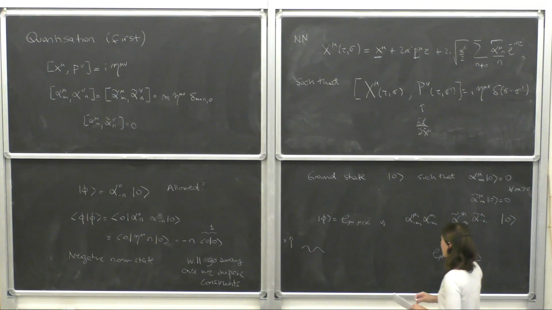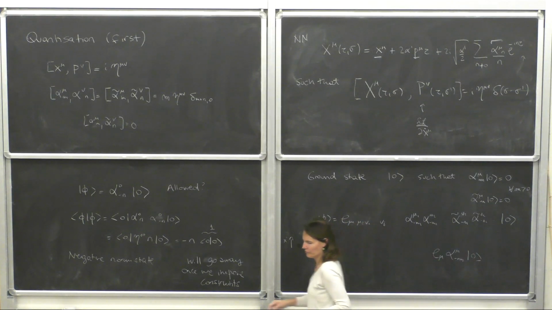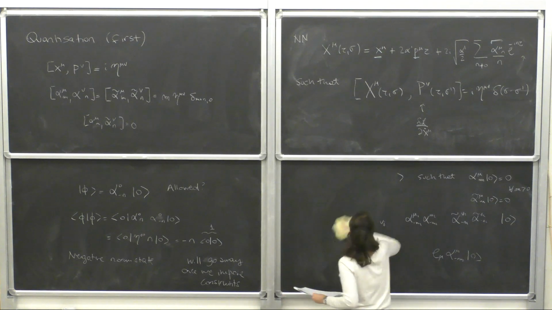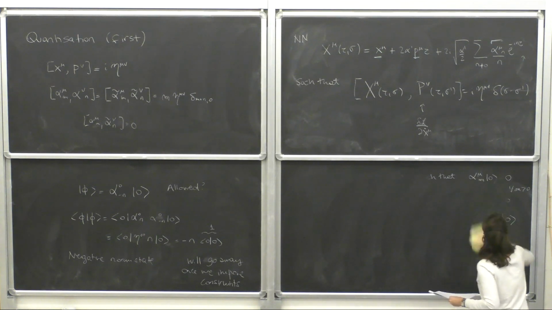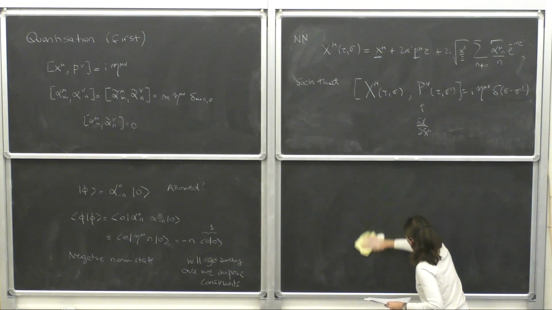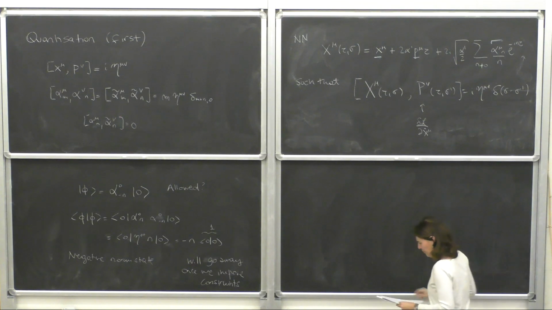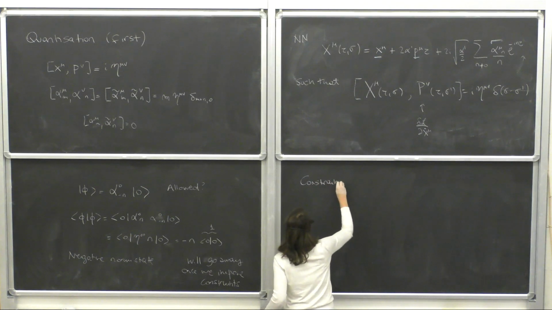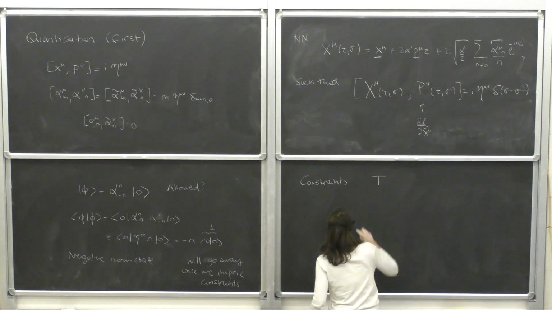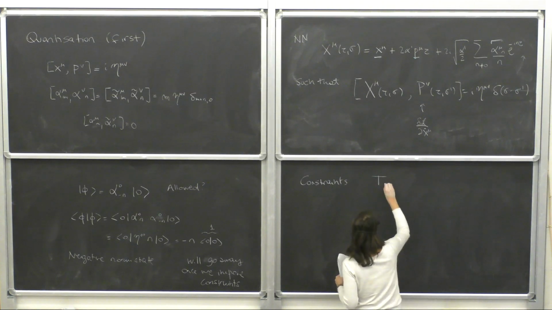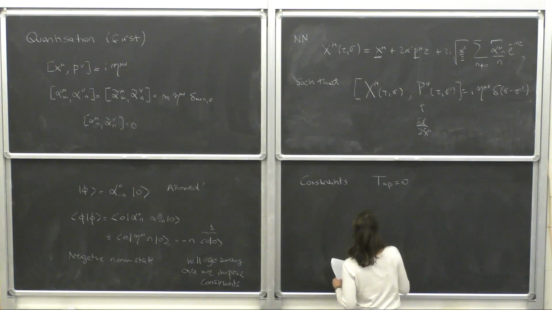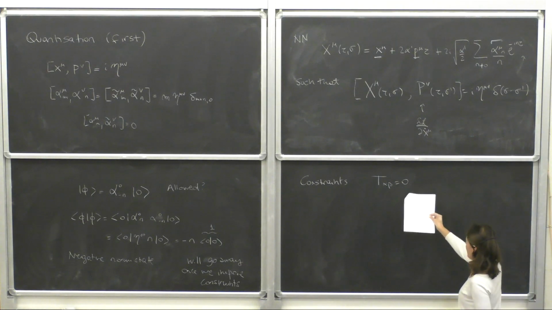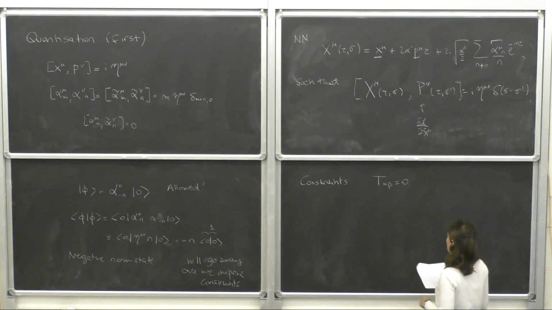Okay, so let me do the constraint. The constraints were that T alpha beta is equal to 0. We wrote this in T00, T11, and T10.